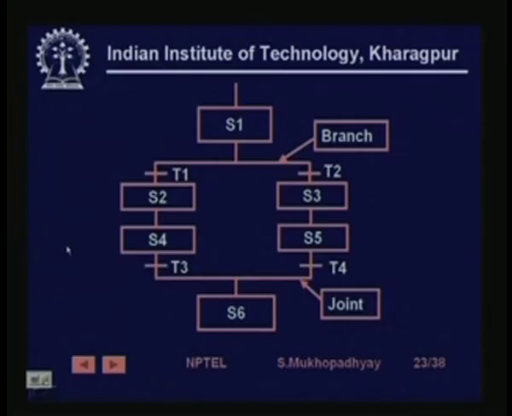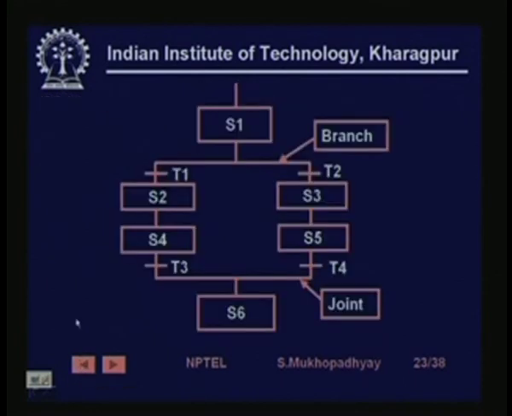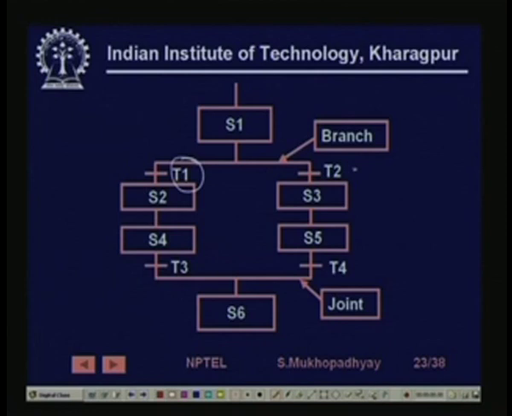For example, you can describe several kinds of programming constructs. Here is a case where, while the system is at S1, T1 and T2 are active. Any one of them can become true. If T1 is true, the next active state will be S2. If T2 is true, the next active state will be S3.